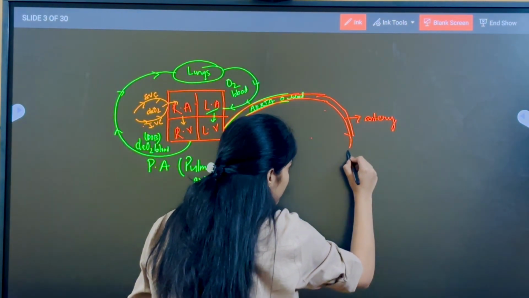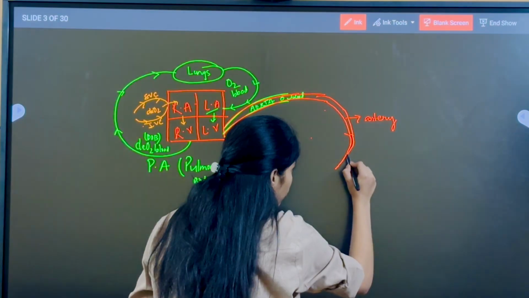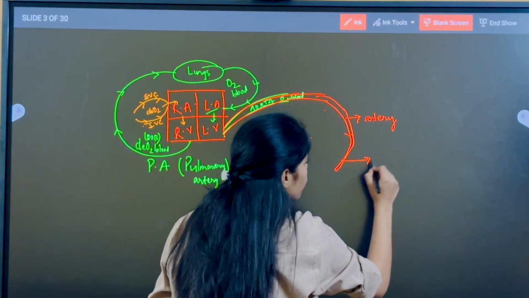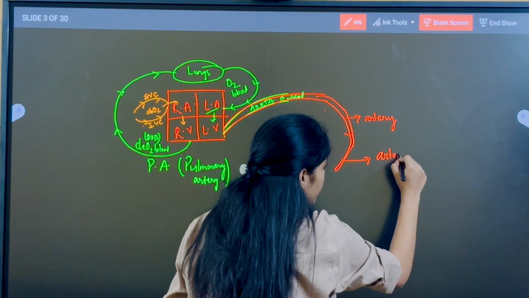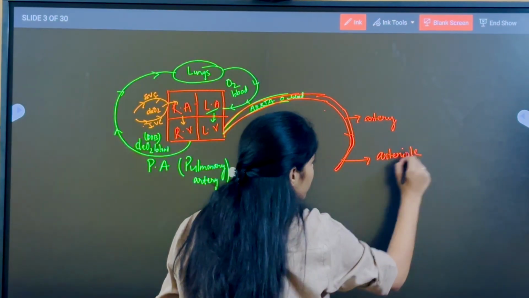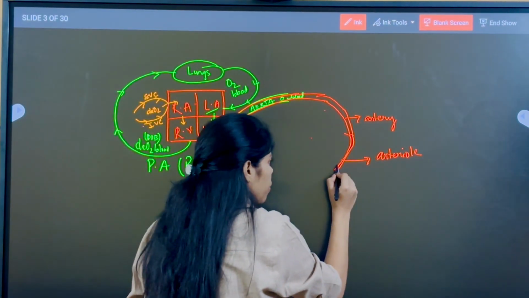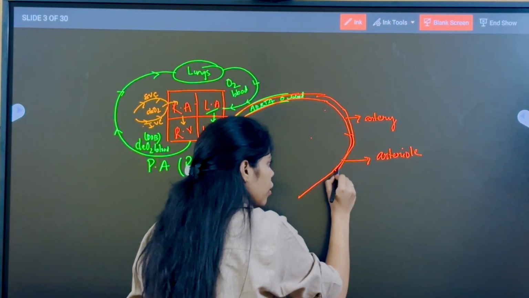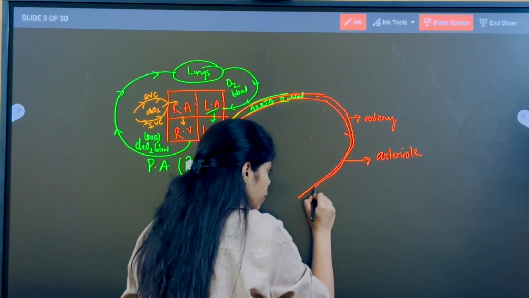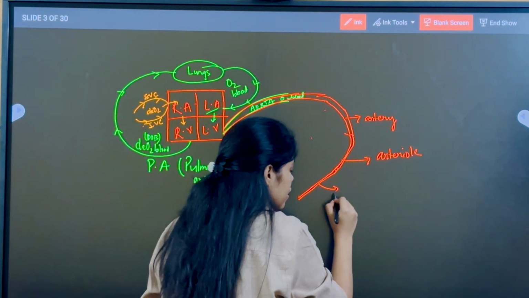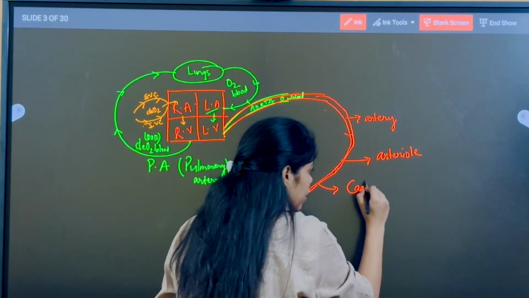This artery again becomes small and goes as arteriole. Now, this arteriole becomes more narrow, and this is our capillaries.